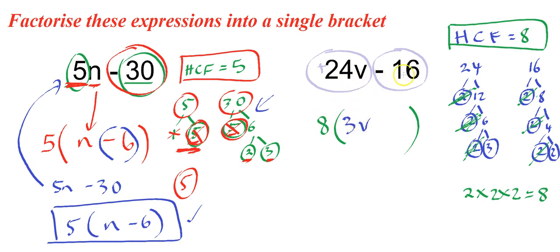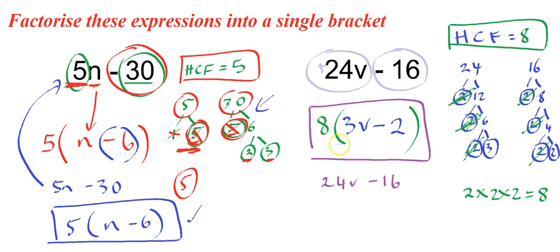And then minus 16 divided by 8. 16 divided by 8 is 2, but this is a minus, and when we divide a minus by a positive, the answer has to be a minus, so it is minus 2. Let's check to see if we're right. 8 times 3v is 24v, and then 8 times minus 2 is minus 16, and this is exactly what we started with, so we know that this is the correct answer.